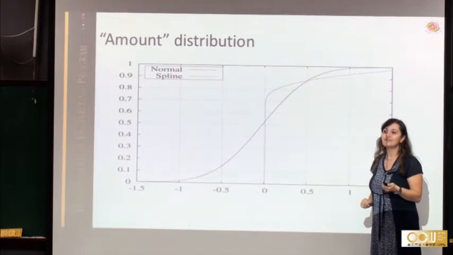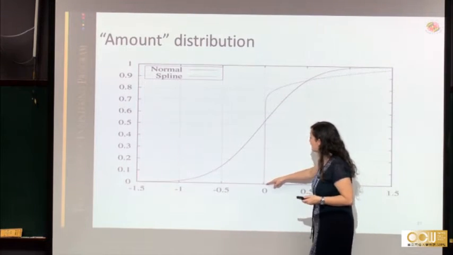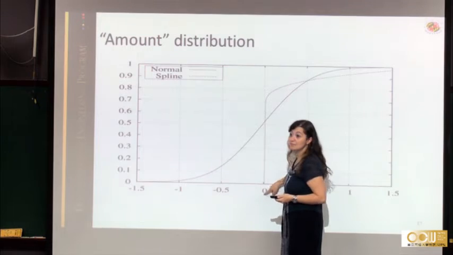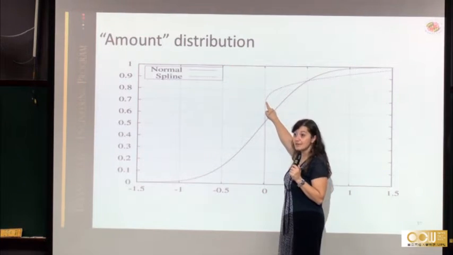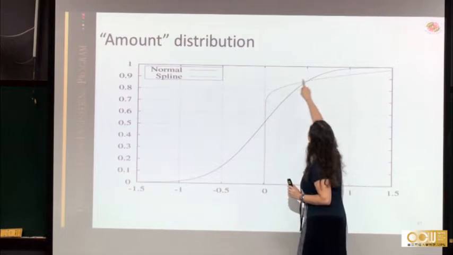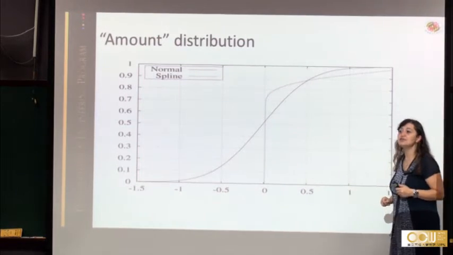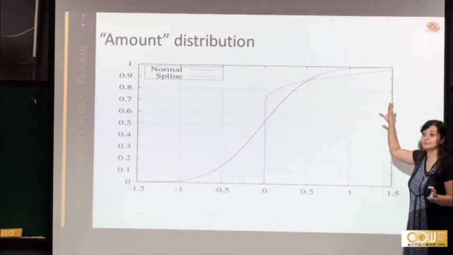So this was clearly wrong because the coefficient was supposed to be positive. But then I estimated a B-spline, and you see that the B-spline was able to recover that for 70% of the interventions, the amount was 0, and just 30% of the time it was positive and very large.